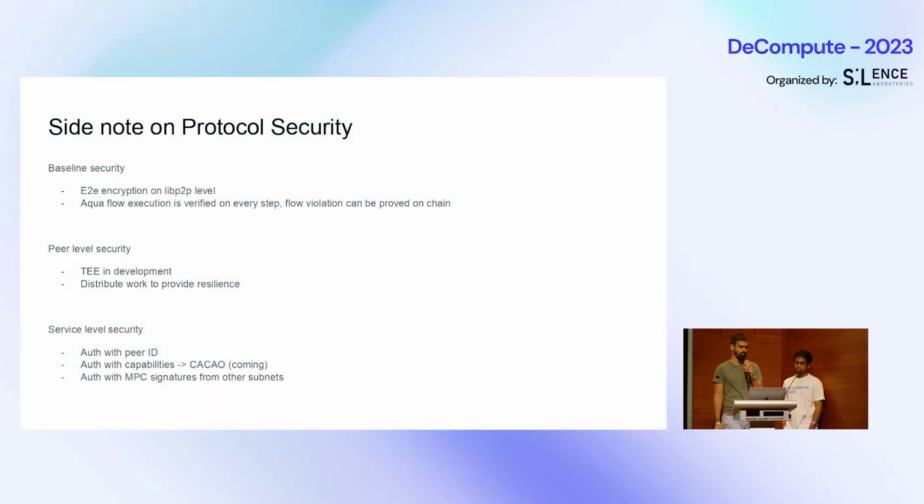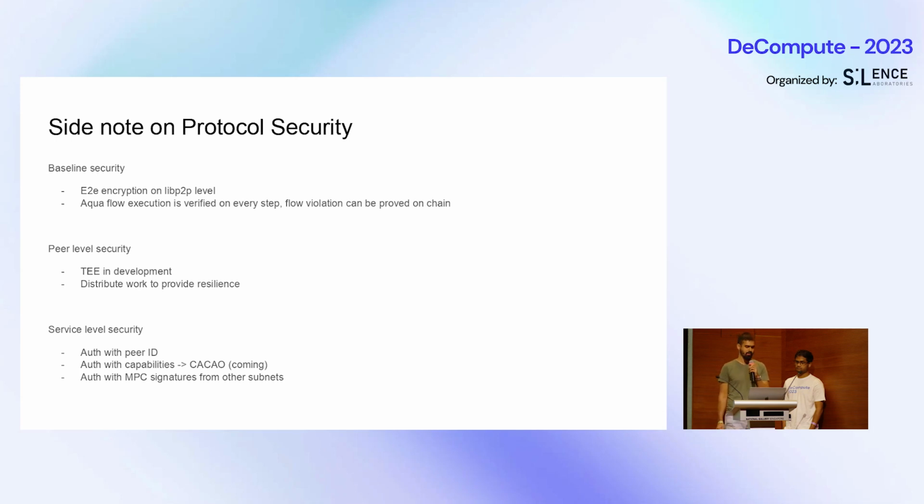At this point, I want to take a side note on the protocol security. Just a few words. We have a lot of considerations on the security of the protocol and what exactly we provide with the protocol for the developers. But the baseline: we have end-to-end encryption on the libp2p level. We use libp2p for networking.